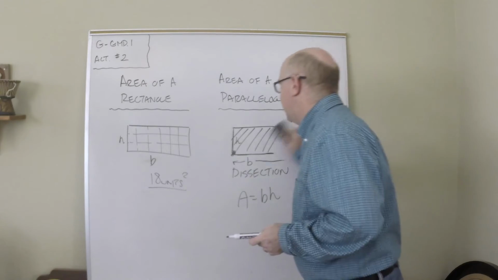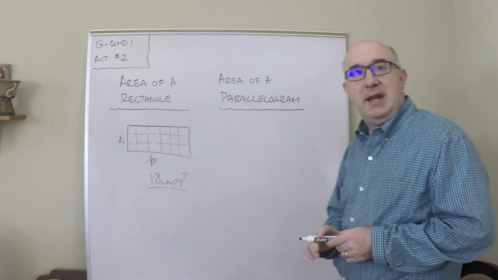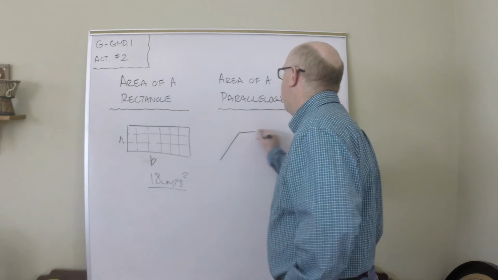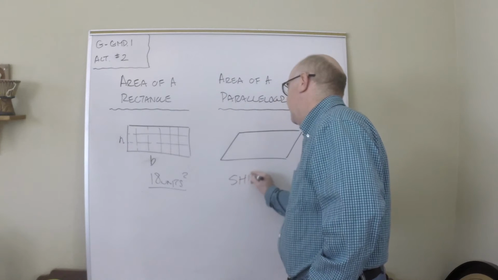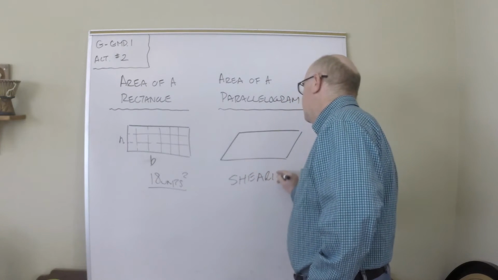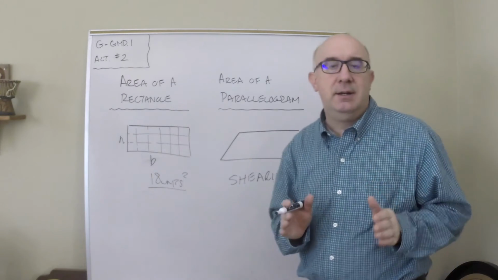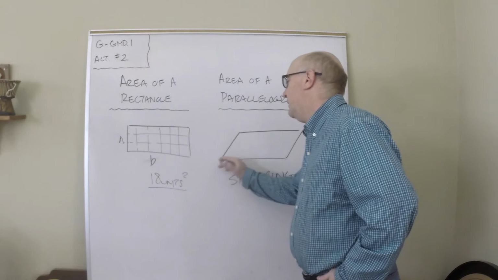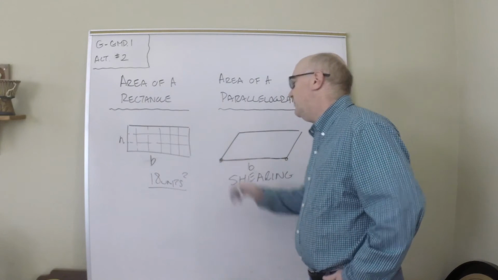Another technique for learning the area of a parallelogram is something called shearing. And the idea of shearing, let me write it down for you, shearing is a process where you lock in a single dimension, and so in this case we would lock in our base, so this is unchanging.